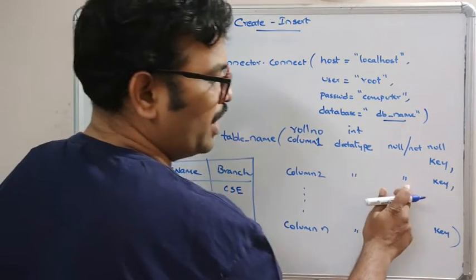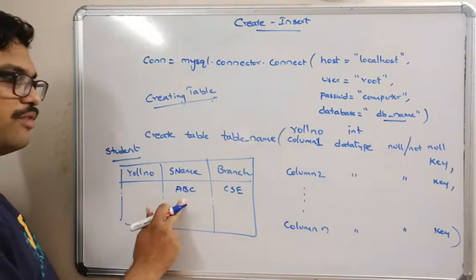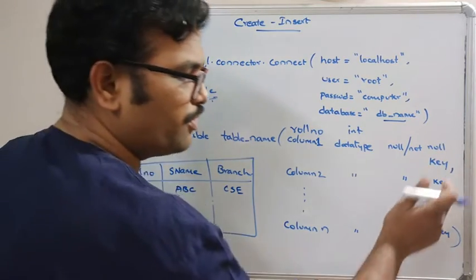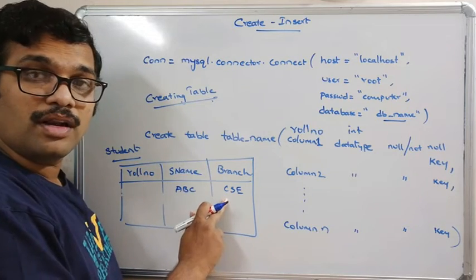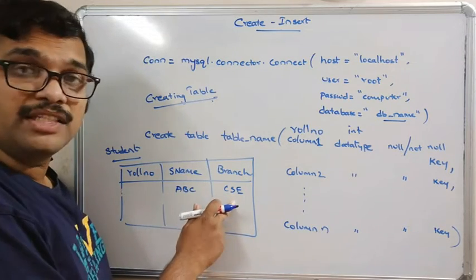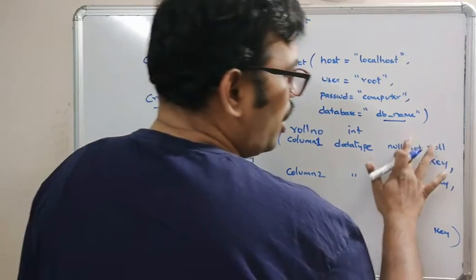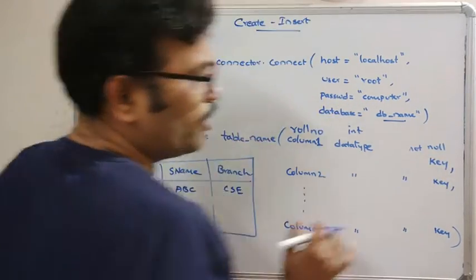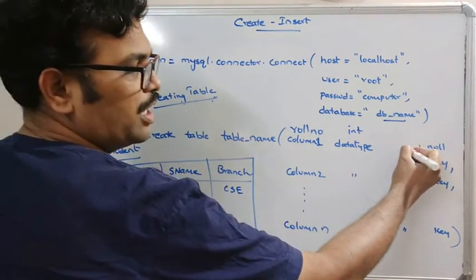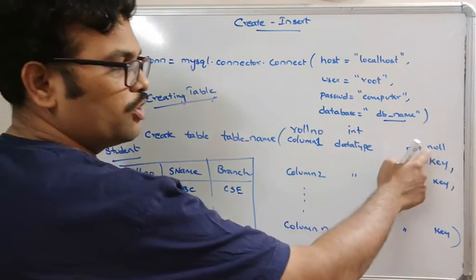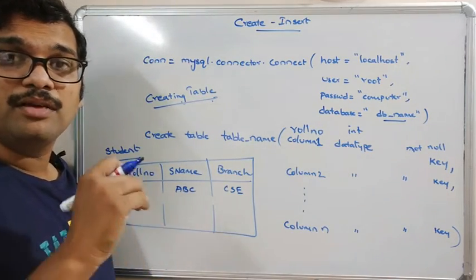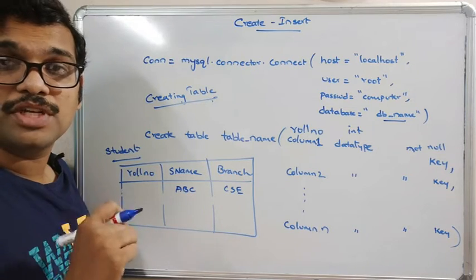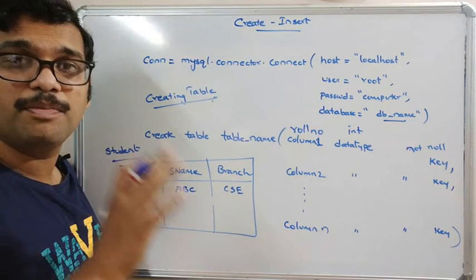Similarly, if you give null for name, it will accept the record without the name. Similarly, if you give null in the branch, it will accept the record without the branch name. If you are mentioning not null for a particular column, that column will be mandatory, so the user should give the data for that column.